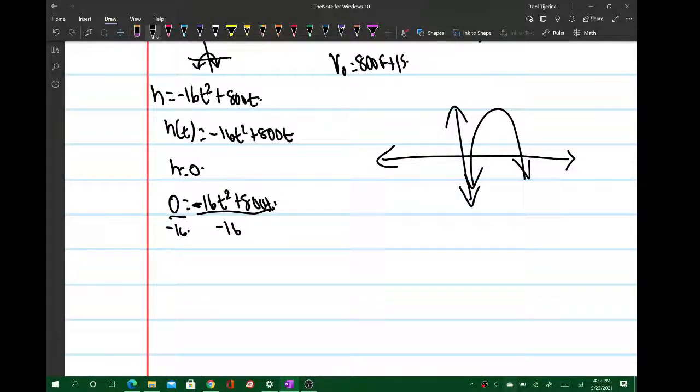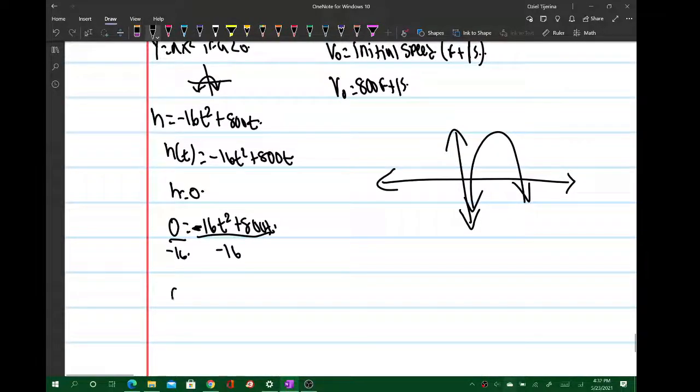So 800 divided by -16 is -50. In reality, this will be 0 equals t squared minus 50t, right?